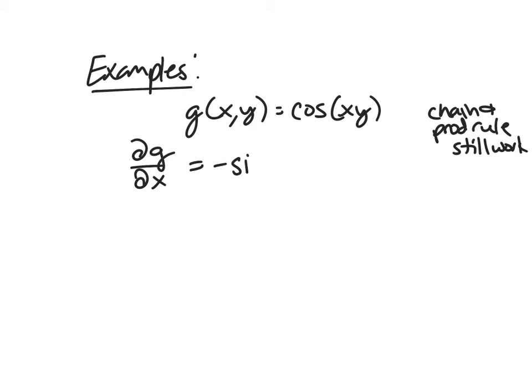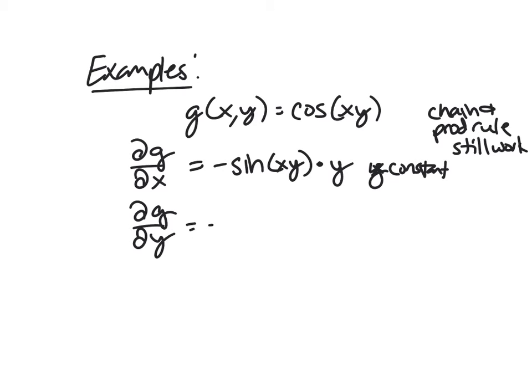So cosine goes to negative sine, still do the inside, but here y is constant, and so the derivative of xy is going to be y, because again, y is constant, x is my variable. And similarly, this one is symmetric. So this is going to be the same, just replace that y with x, because the derivative of xy with respect to y would be the constant x.